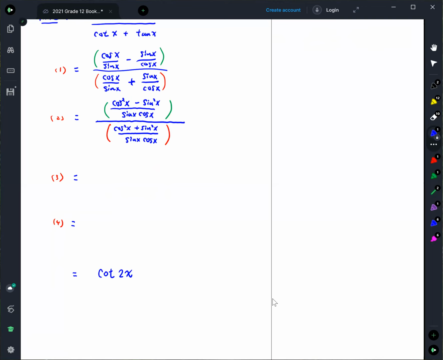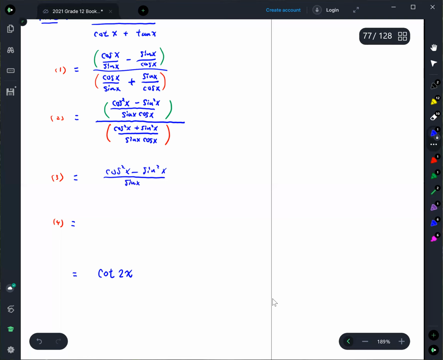All right, Lily, what do you do now? I change the cosine squared x plus sine squared x to 1. Okay. Anything else you also did? No. Okay, let's do that then.